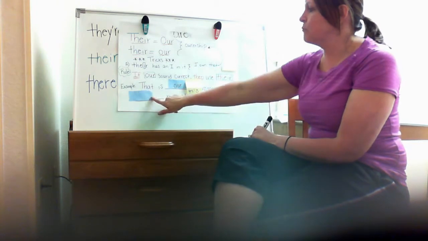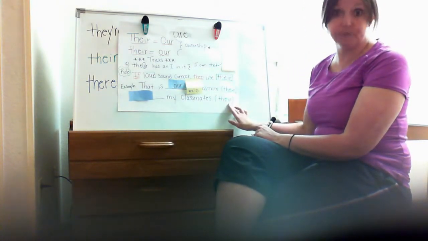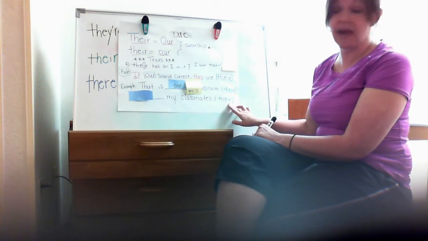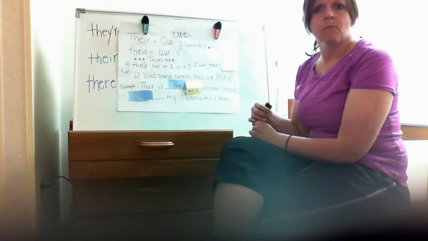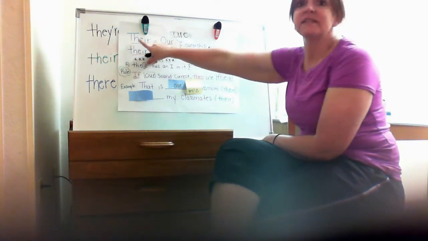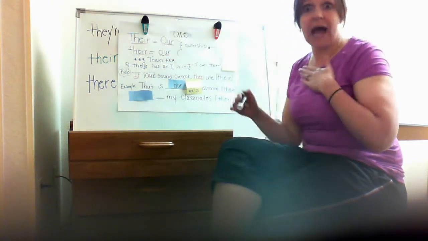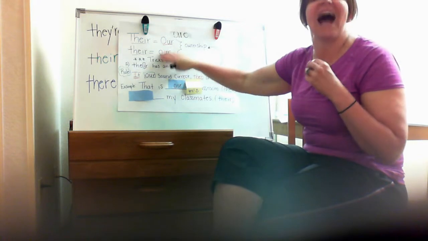Okay, so let's do another example. Blank my classmates, and of course there. So let's practice using our rule. Get ready. What are we going to use? Get ready? Yes, I heard it. Our. When it has the I in it, I own something. We own it. It's ours.